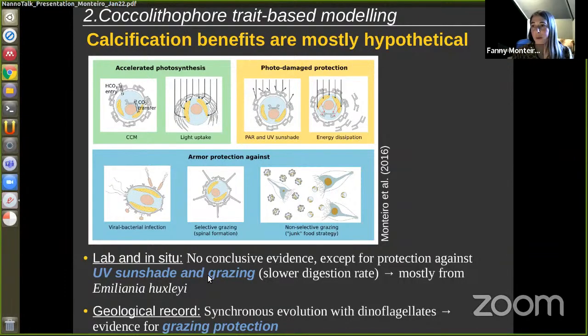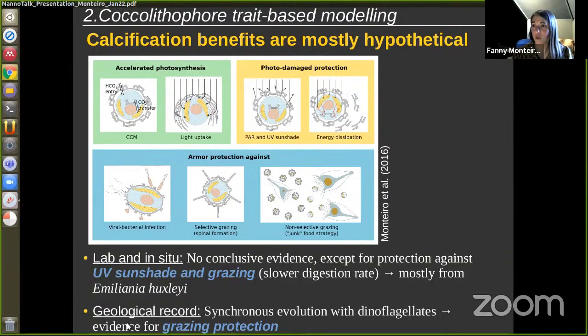Also, one paper had evidence that coccolithophores reduced the digestive rate of their grazers, so there is potentially a grazing protection there. All of this data relies on Emiliania huxleyi, or most of it, I would say. So the suggestion is UV sunshade and grazing, and the others are hypothetical.